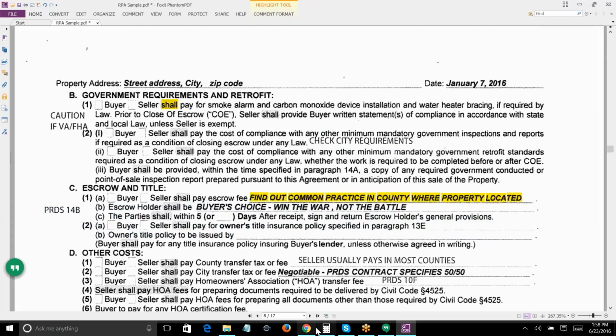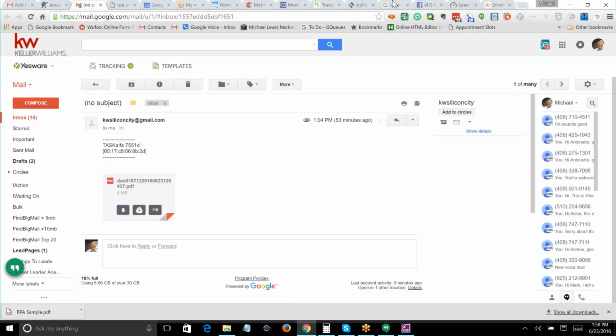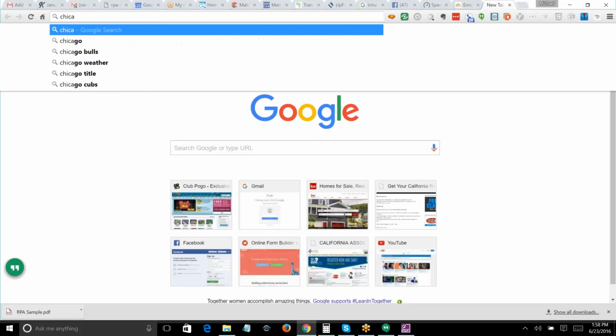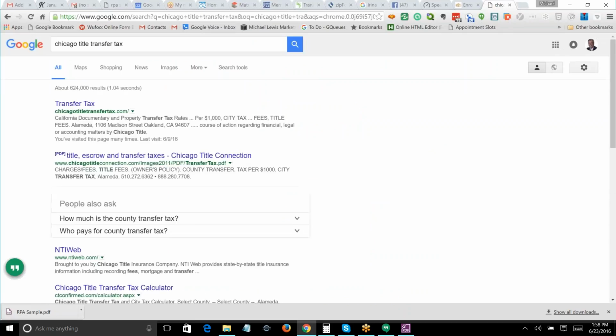How many of you know my favorite site for doing this? It's called Chicago Title Transfer Tax. I just Google search Chicago Title Transfer Tax, and the first thing that comes up is a website.